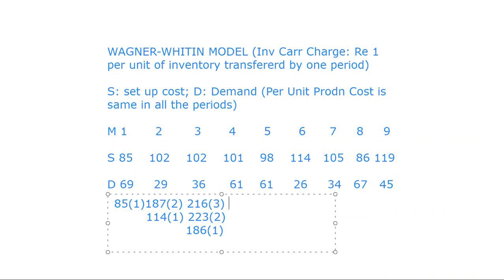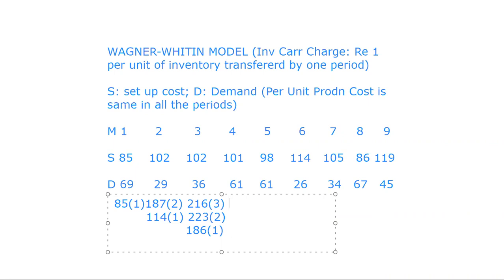324. See, what I do is as follows. I produce in the 4th period, so I incur 101. What is the optimal solution for periods 1 to 3? It is 186.